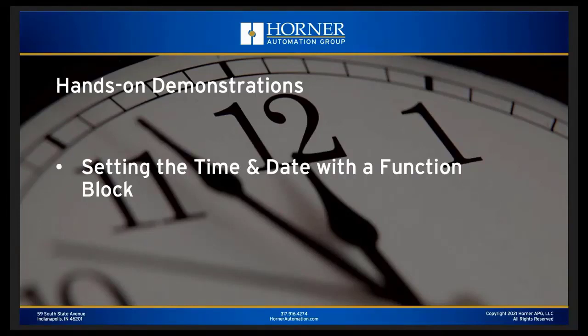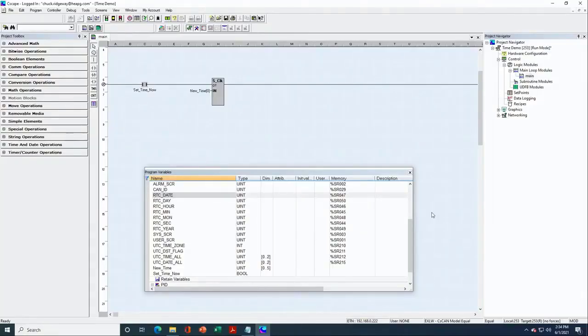All right, I'll go ahead and flip back to Cscape now. And what you see on the screen here, there we go. Again, I'm using variable-based ladder. So I have a single normally open contact that when it is enabled, it's effectively enabling this set clock function block.